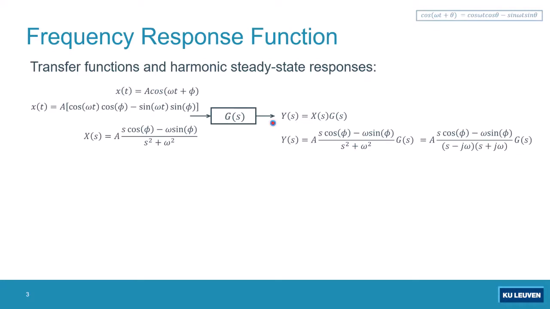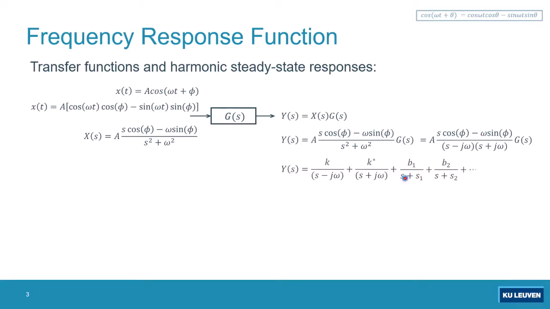I can manipulate this equation by factorizing the denominator, s squared plus omega squared, into two simpler forms: (s plus j omega) times (s minus j omega). In this case I assume that the roots of this denominator are complex numbers.